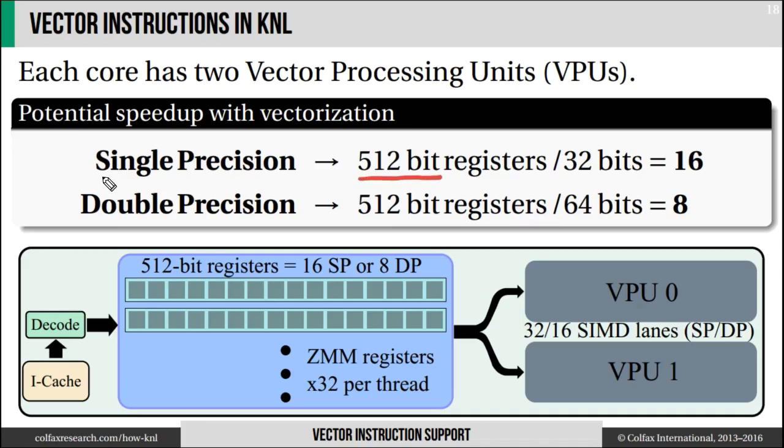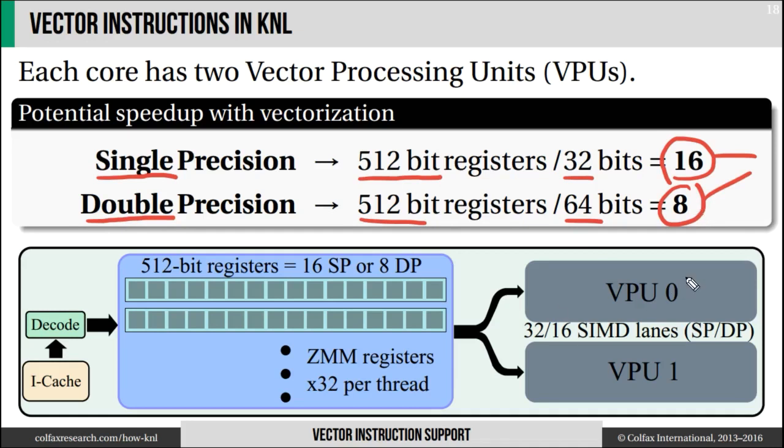If I'm dealing with single precision arithmetics, my numbers are 32-bit long, and it means that I can fit 16 numbers into a vector register. In double precision, my numbers are 64-bit long, and I can potentially fit 8 numbers into a vector register. And these values are the potential speed up thanks to vectorization in single precision and double precision.